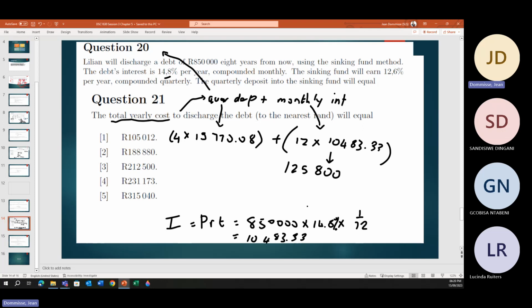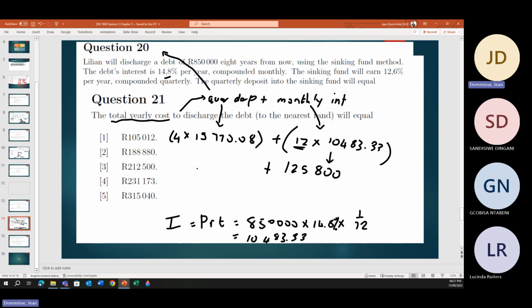So again, you can decide which one is for you, but it is easiest to remember if you go to the monthly interest, but then you remember you need to multiply it, or you could have just not divided by 12 and you would have gotten that in any case. Okay, so the 125,800, luckily it's not one of our options. And then we need to add the quarterlies.